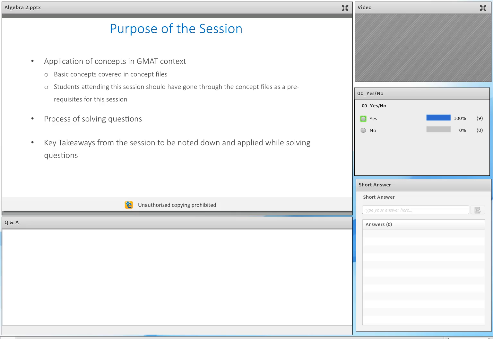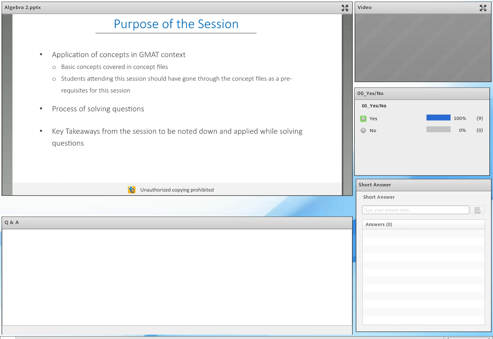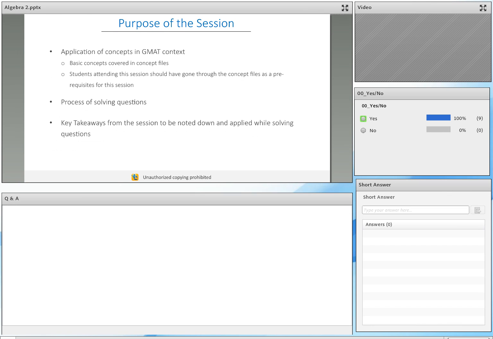We want to focus on making sure that you understand why you make mistakes, where you make mistakes, and give you feedback as to how and which areas to focus on so that you don't make careless mistakes, or mistakes which are not what we call truly subject matter based mistakes, but mistakes because of bad habits.